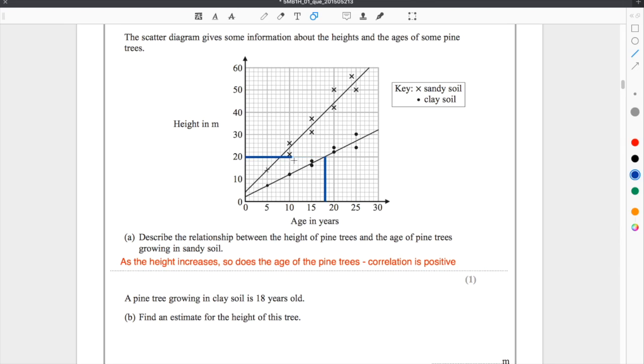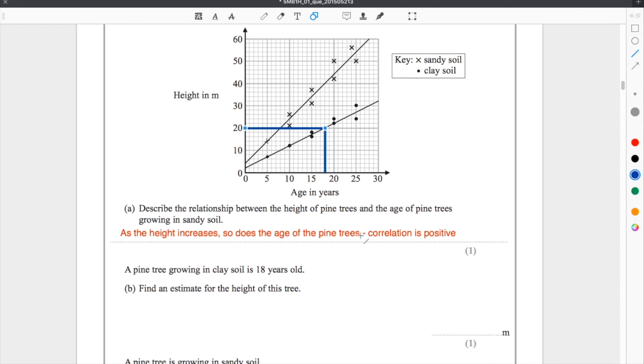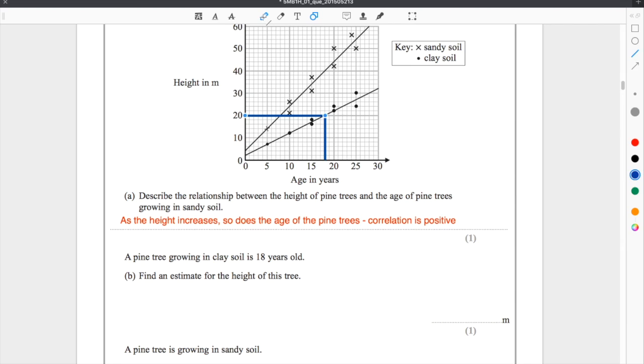And then we draw a line across to the y-axis, and we read off this value here, which is 20. So an estimate for the height of this tree is 20 meters.